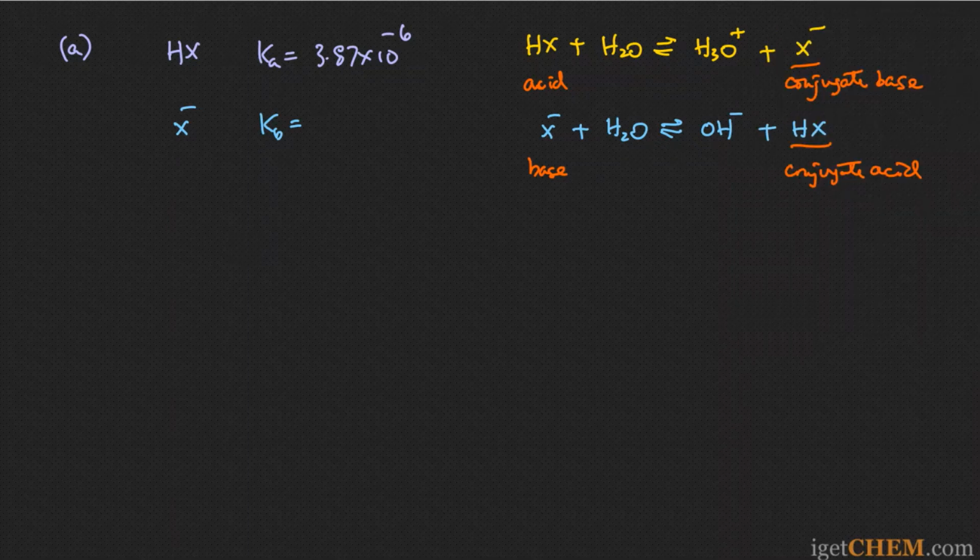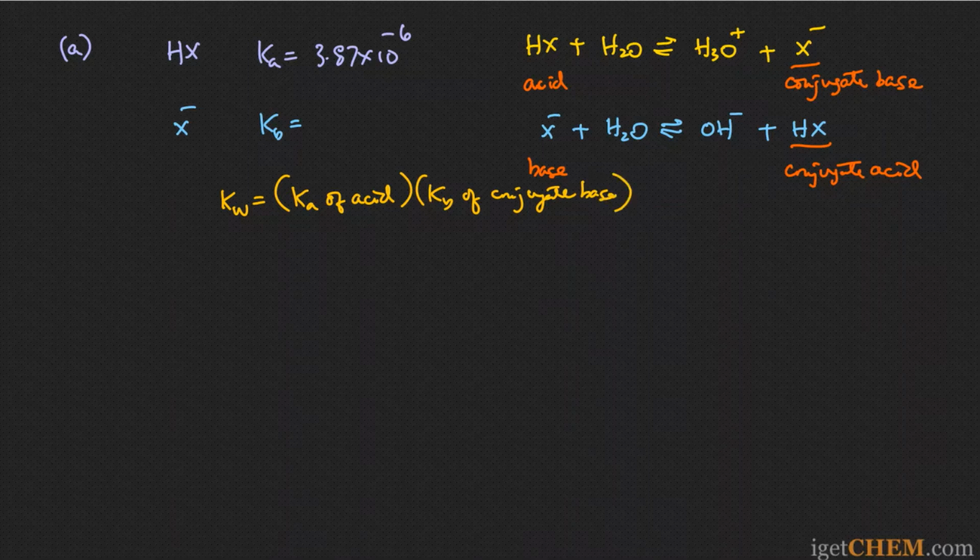And we all know that the relationship between Ka of the acid and Kb of its conjugate base is that Kw is equal to Ka of the acid multiplied by the Kb value of the conjugate base.